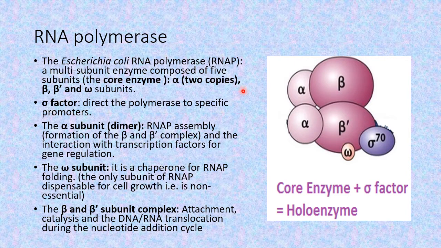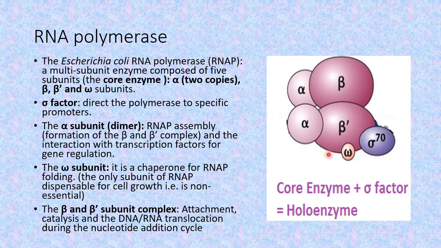So in case of prokaryotes, this RNA polymerase is made up of 5 units, 2 alpha subunits, 1 beta subunit, 1 beta prime, 1 omega. These 5 subunits together form the core enzyme.